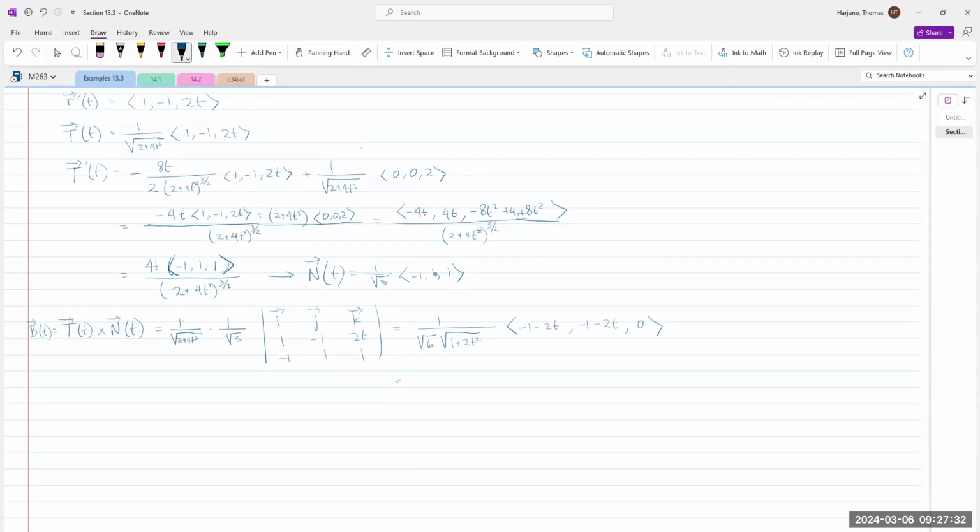This will be (negative 1 minus 2t) over square root of 6 times square root of 1 plus 2t squared, times (1, 1, 0).